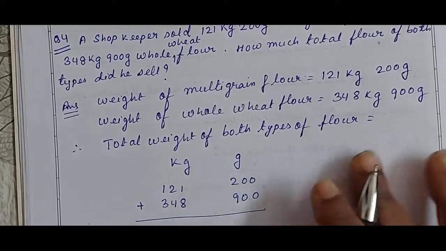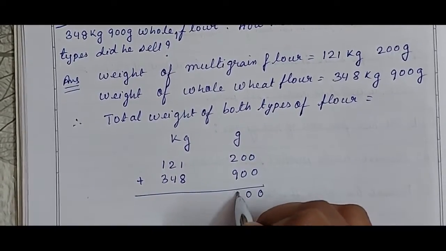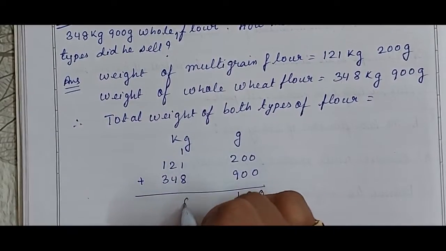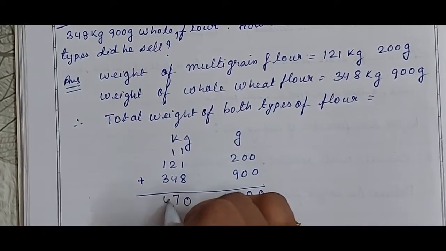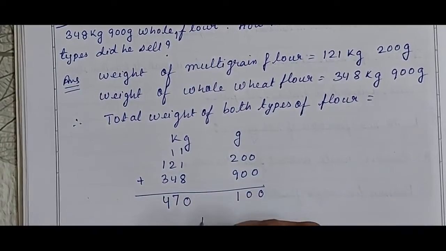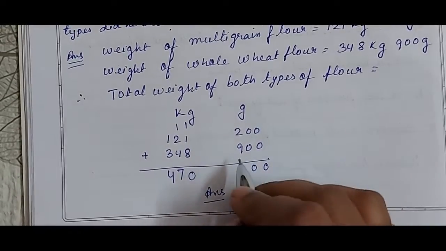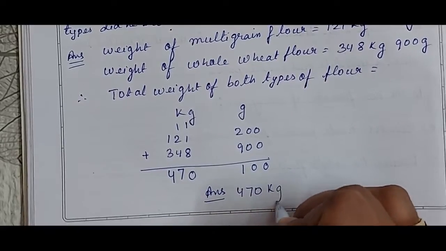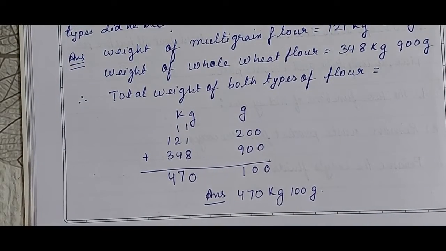Now let us add. What we will get? 0 0, 1 plus 1, 1. 8 plus 2, 10, 0 carry 1, 7 4. So we got the answer as what? 470 kilograms and 100 grams. Okay.